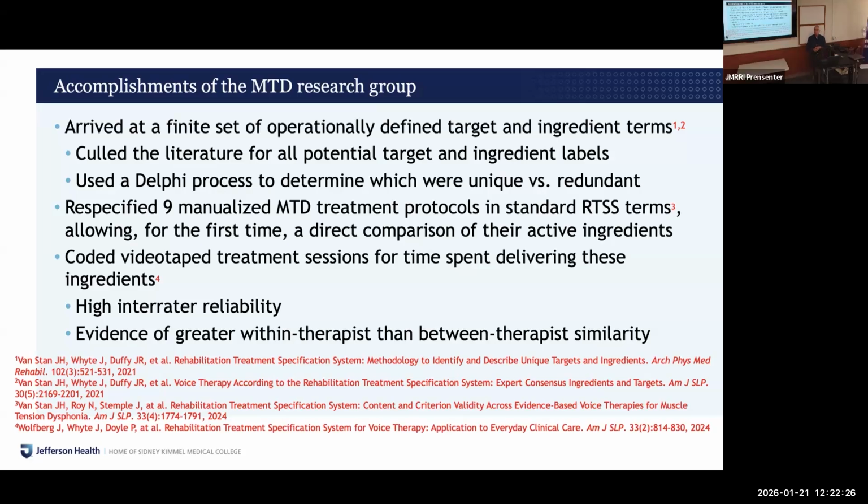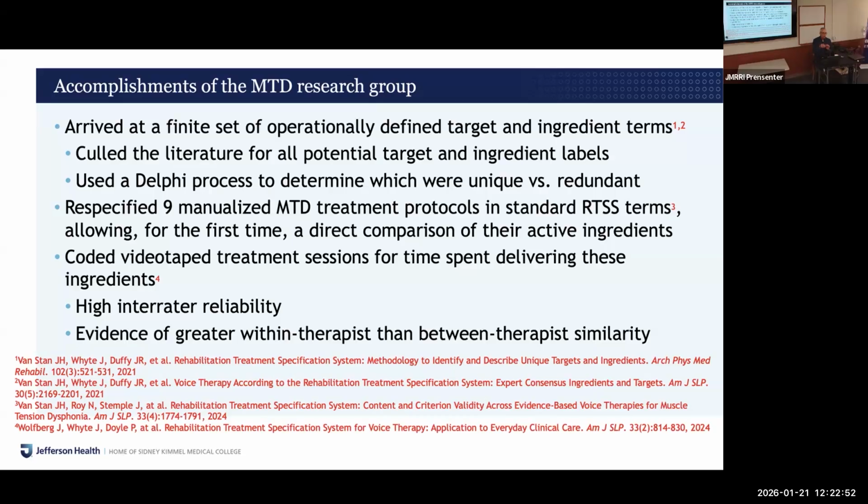They also were able to use these to code videotape records of actual therapy sessions and get high reliability about what ingredients were being delivered, what targets were being treated. And in that initial pilot data, they were able to show that there was more similarity in the ingredients used by a given therapist across multiple patients than across therapists.